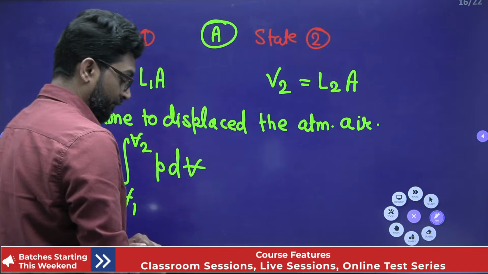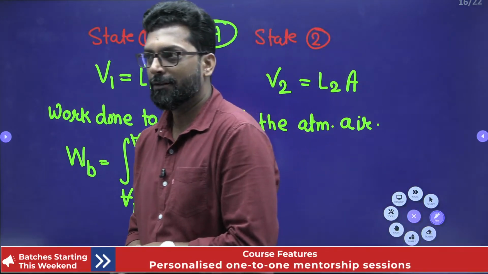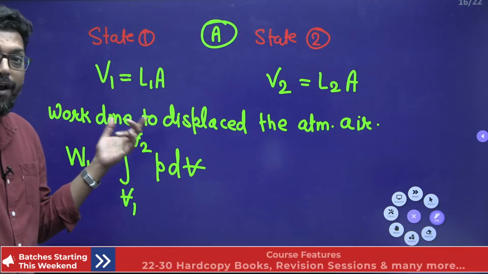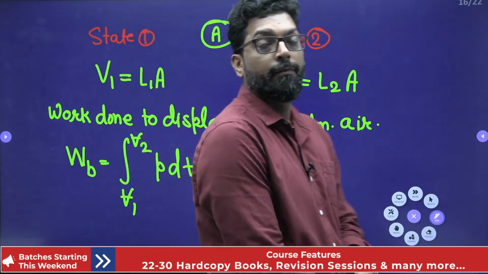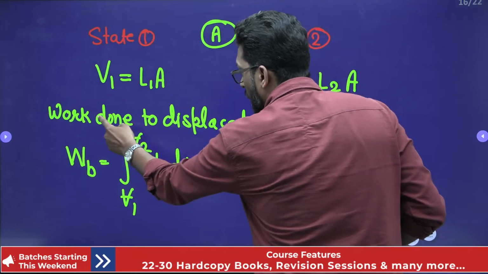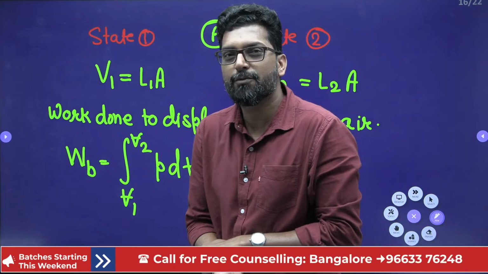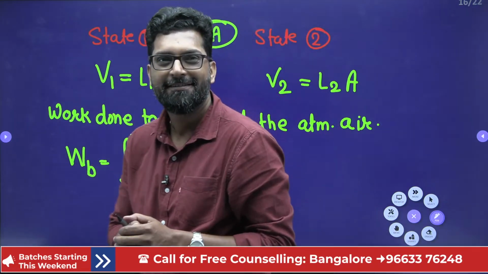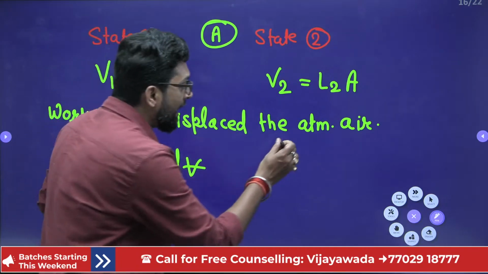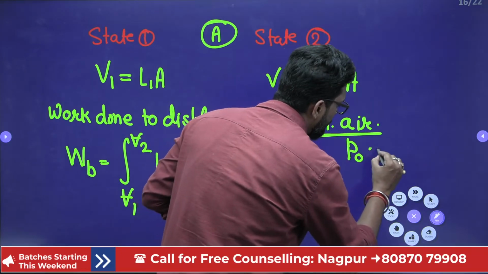Now, very important, I'm telling you. See, my dear, here there is no relation between pressure and volume. But see, it is the work done to displace the atmospheric air. And what is the pressure of atmospheric air? P naught, and this is constant.